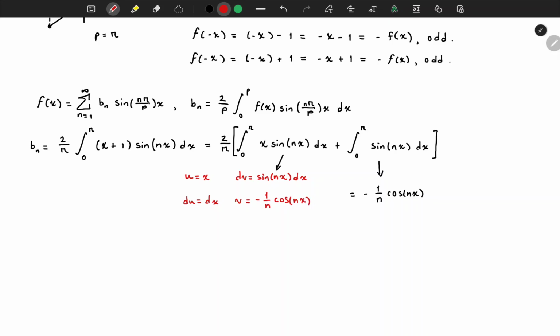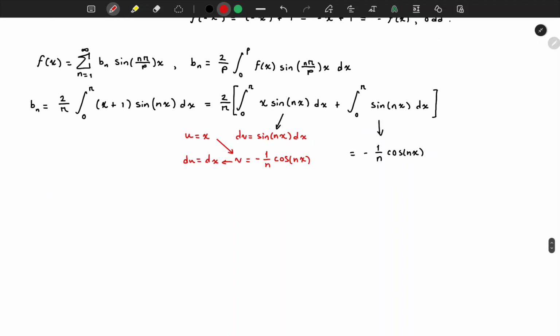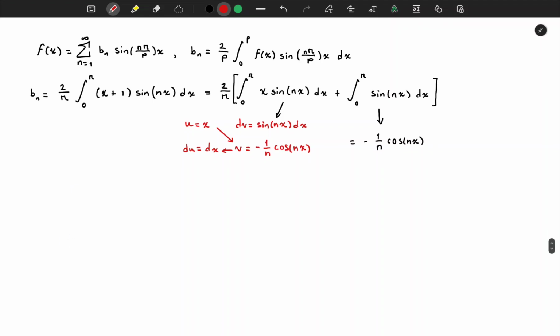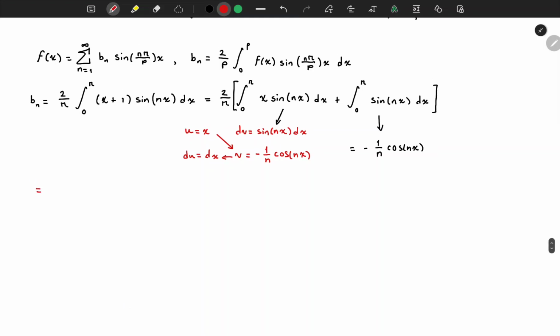There we go. So now we just need to do the by parts formula, which would be u times v minus the integral of v du. So let's go ahead and actually do that separately first.